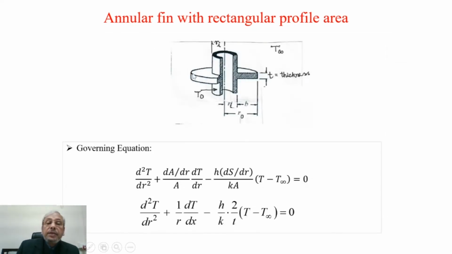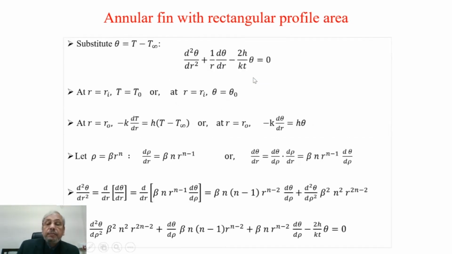From the tip also we know that the temperature minus T infinity, times h, times the area at the periphery is the thermal energy taken away from the tip, and that is coming in the form of conduction through the material. So at r equal to R0, minus k d theta by dr equals h theta.